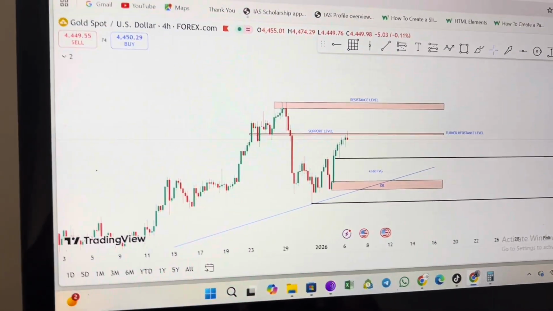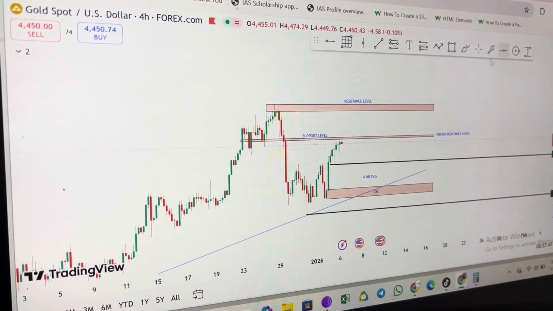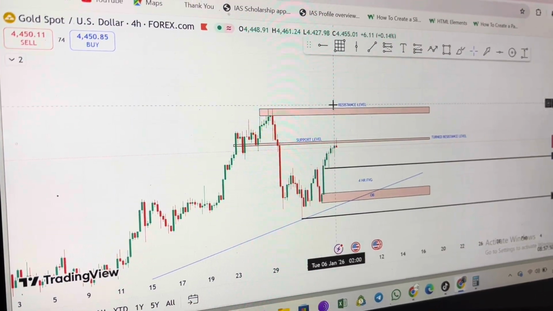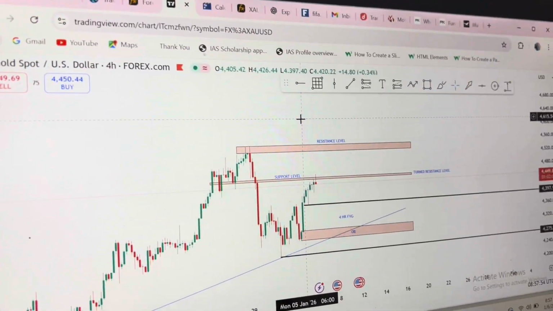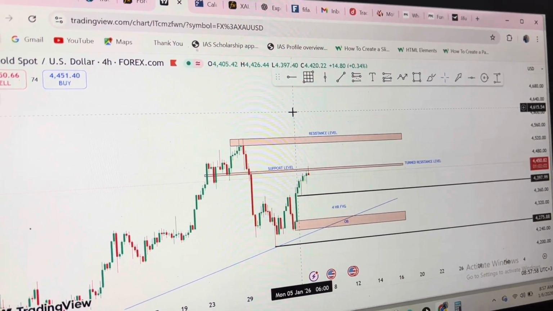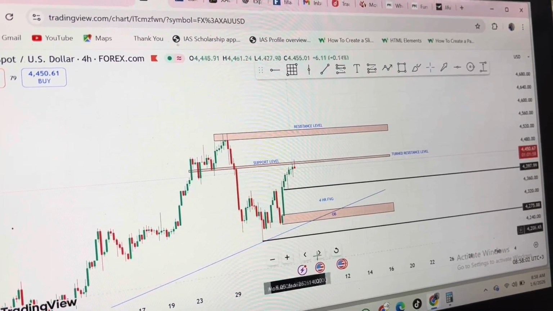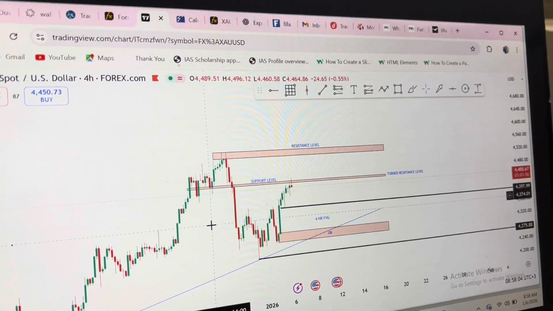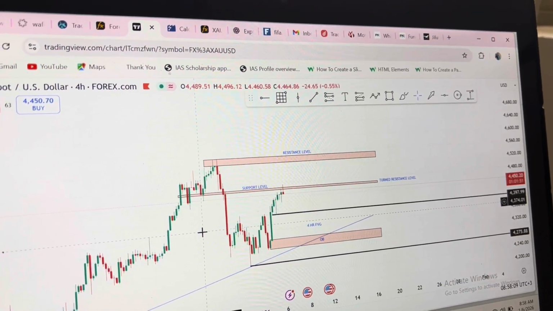As you can see, the way I start drawing this, I mark the most important parts, the resistance level, the one on top, because we are entirely focusing on this. This is the main focus, the recent one. We do not focus on the previous history, the previous data. That comes later, you understand?